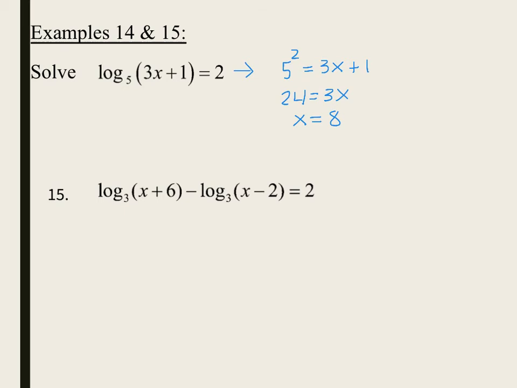If we plug that back in, we get 3 times 8 plus 1 is 25. Log base 5 of 25 is just the power of 2, so that checks out.